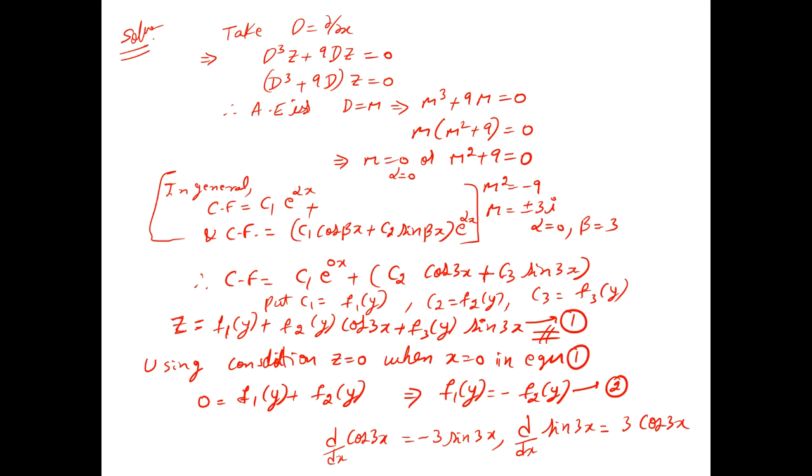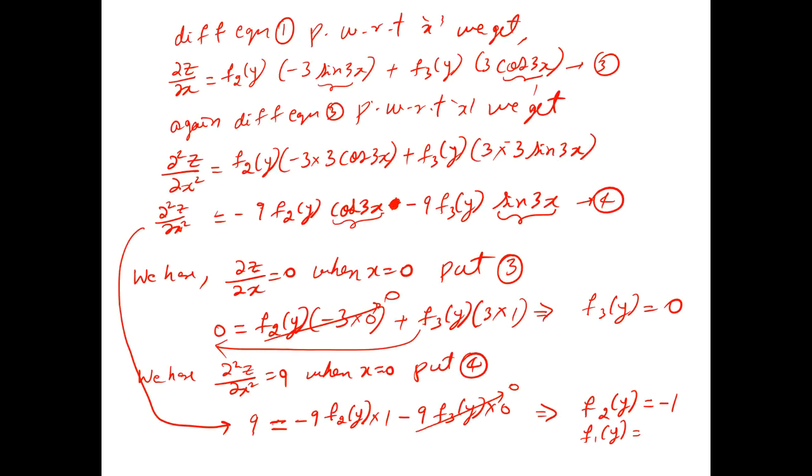Yes, you can see here in the previous slide f1y is equal to minus f2y, means it is minus of f2y. F2y is again minus 1 only, we have calculated. So minus into minus is plus. So f1y is 1. Therefore, what we get, z is the solution.